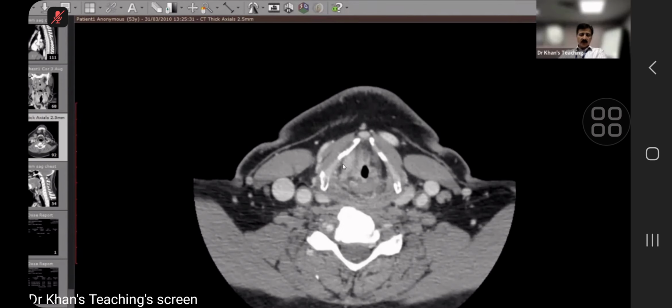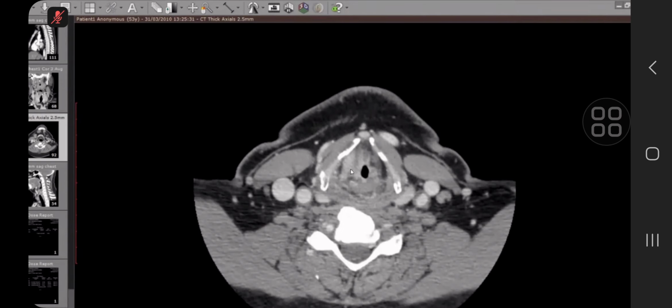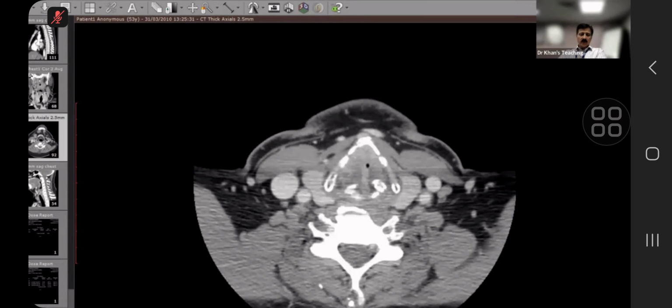So this is the abnormal soft tissue densities extending supraglottically. Excellent. Now come down to the level of, okay. Yeah, this is the level of the true cord, as I can see two cartilages. And this area anteriorly, but I'll have to trace it from above.